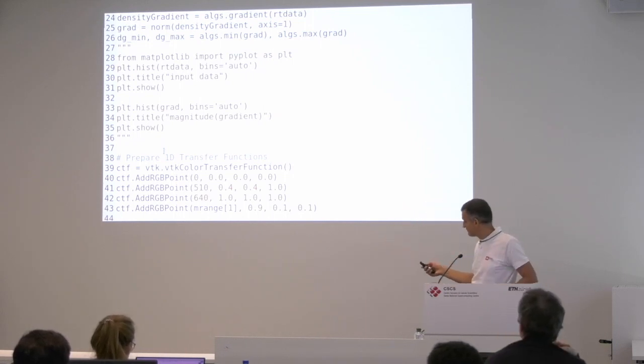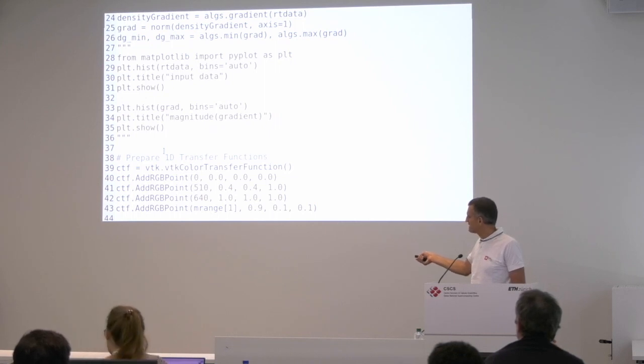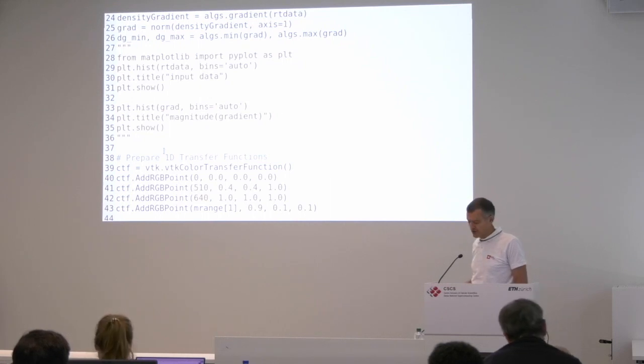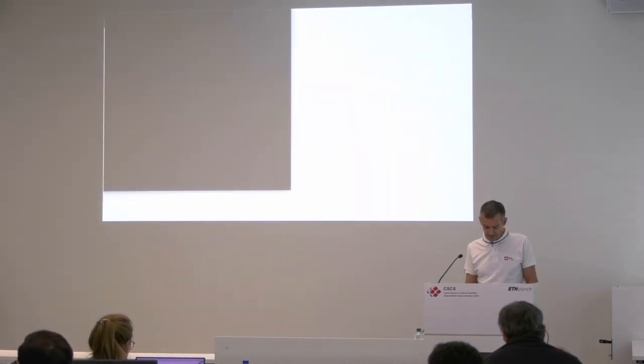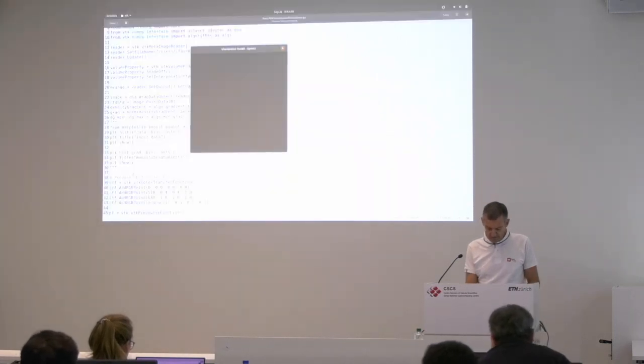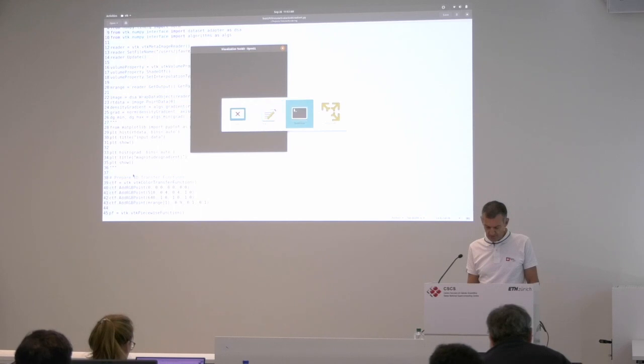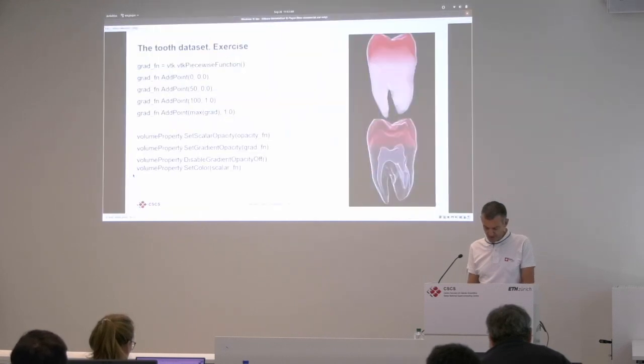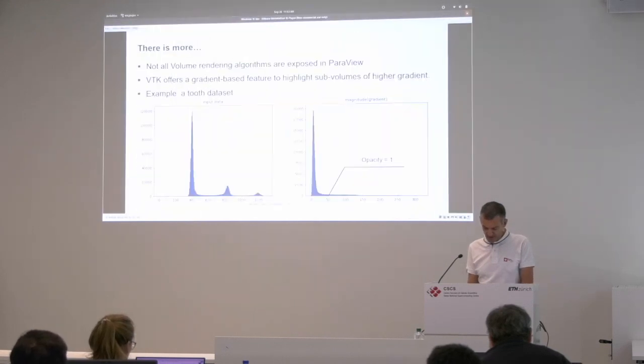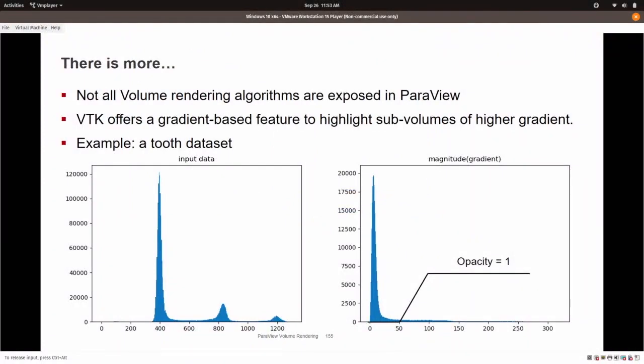And those values over here for the 4 different key points of the color transfer functions, those values correspond more or less exactly to those different peaks of intensity in the histogram.